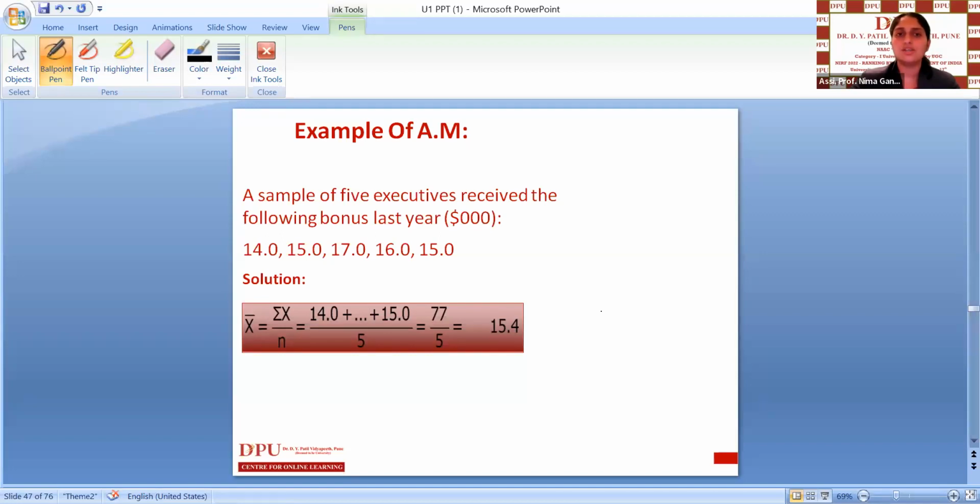So you take the sum of all the observations and divide it by the number of observations. The sum is 14 plus 15 plus 17 plus 16 plus 15, that is 77. You have 5 observations, so 77 divided by 5 is 15.4. So your average bonus received is $15,400.